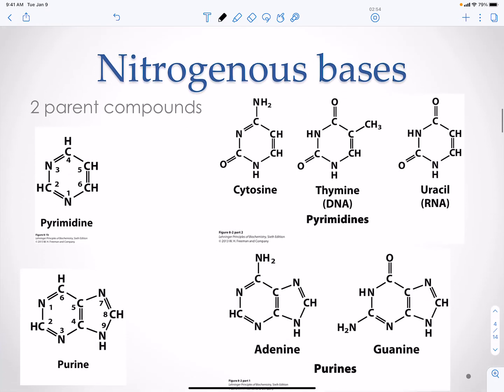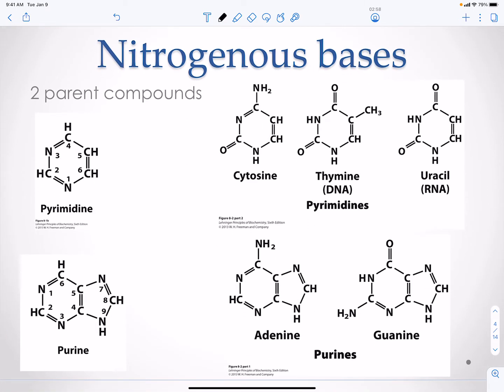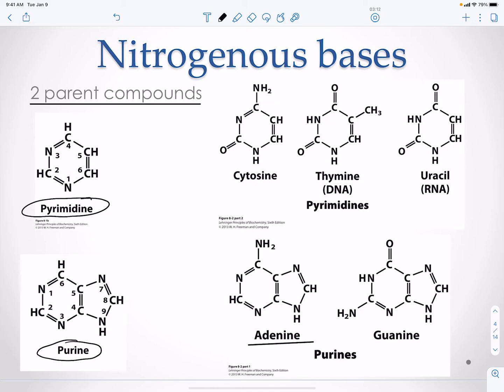Now we have our nitrogen bases, and in our nitrogen bases we have 2 parent compounds. We have our pyrimidines, which are a single ring structure, and our purines, which are our 2-ring structure. And you can see that adenine is a purine, and adenine, of course, is very famous for ATP.